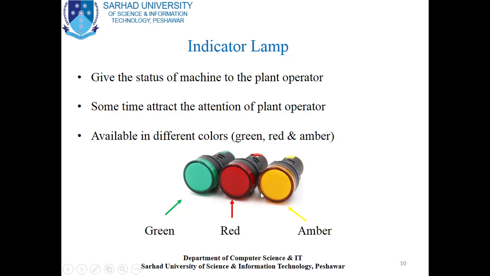These indicators are available in different colors: green, red, and amber. The purpose of these different colors will be discussed in the next slide. So these are the indicator lamps which can be used with the PLC. Switching to the next slide.